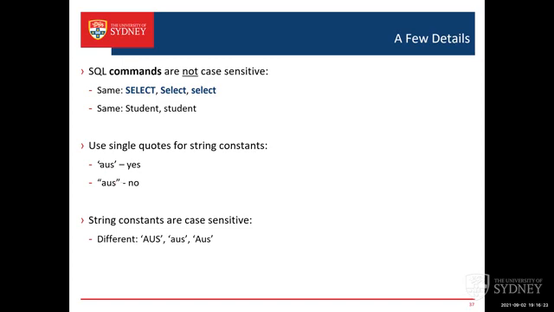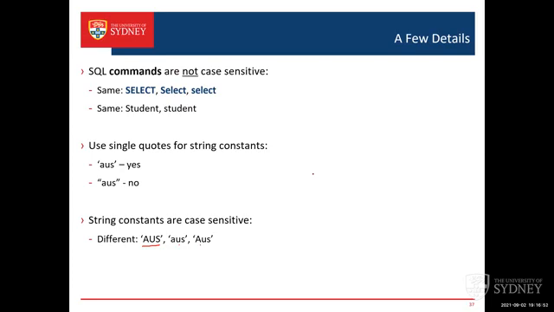You only have to use single quotation. But string constants are case sensitive. Remember that commands are not case sensitive, but when you are working on values, at that time they are case sensitive. So if in your database the country is written as AUS all capital and you write it in another way, it will not find anything. Okay, values are case sensitive, commands are not case sensitive in SQL.